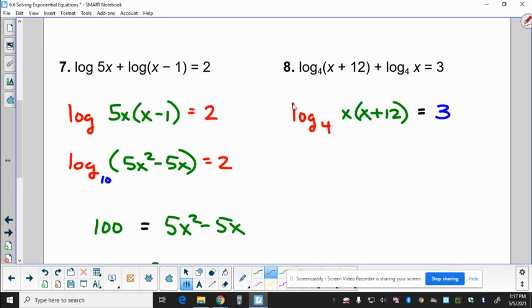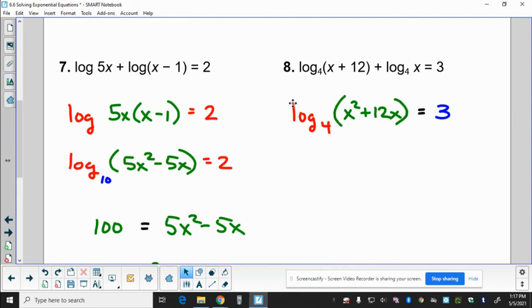Now I can rewrite this as x squared plus 12x in here. Okay.